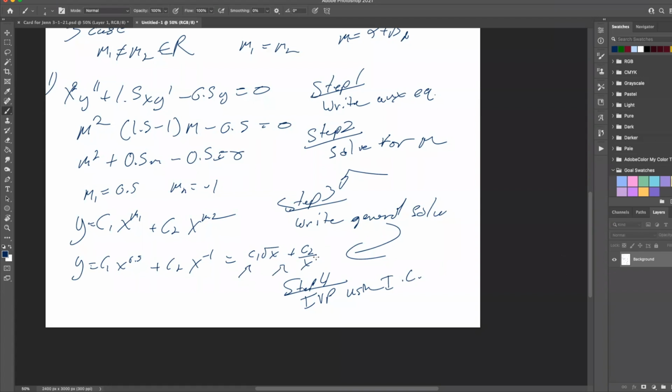Actually it's not, because you're going to plug in values for x, and whatever x's they are, they'll just evaluate to a number. And so you're going to have a linear equation, so two equations with two unknowns, C1 and C2. That's why I just leave it as powers of x, for the power rule when you take the derivative. It just makes life easy, right?